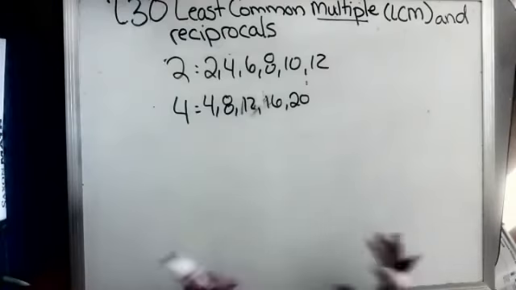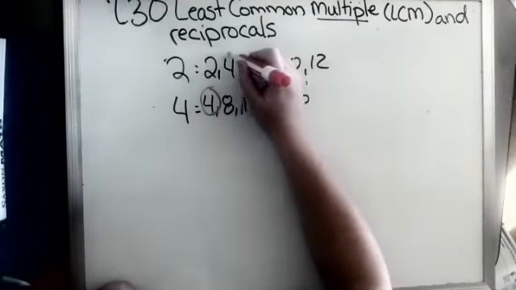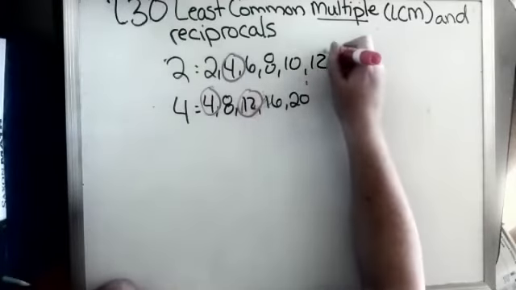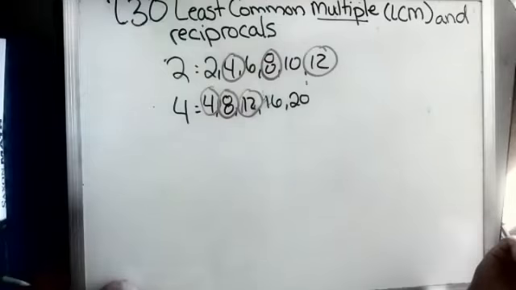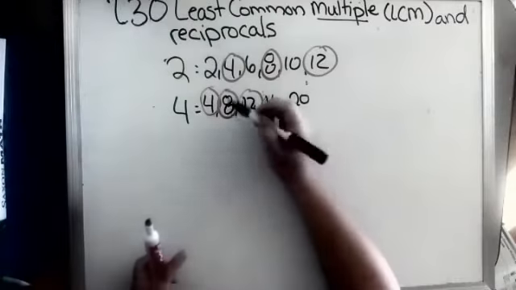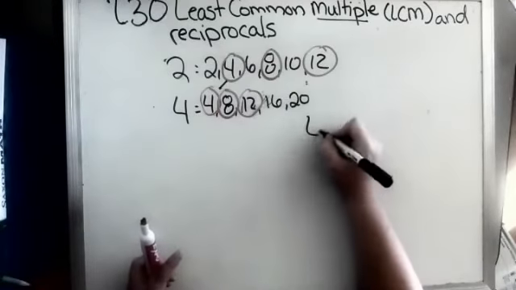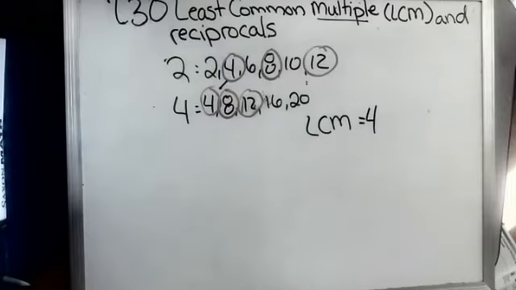Now, common multiples we have are 4, 8, 12. And our least common multiple is, of course, the smallest of the multiples, which is 4. So our least common multiple for these two numbers would be 4.